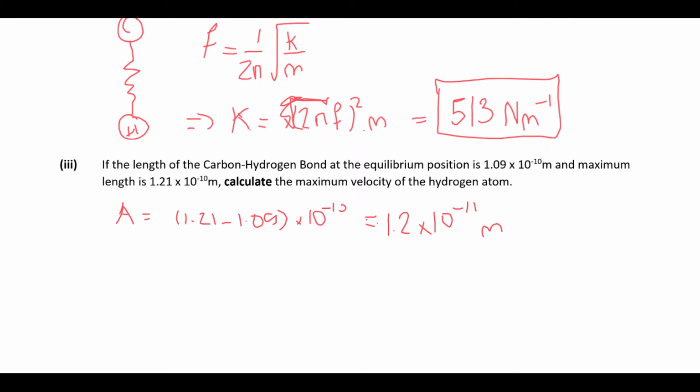Now, maximum velocity is 2 pi f a. So we've already got the frequency, so let's multiply our amplitude by 2 pi first of all, and then multiply by our frequency from earlier, so 8.82 times 10 to the power of 13.